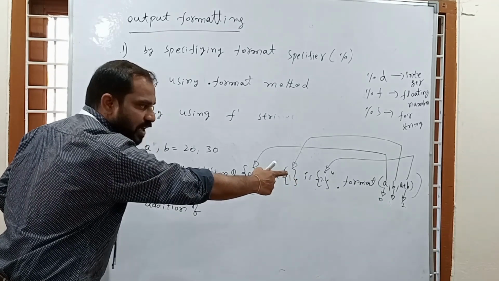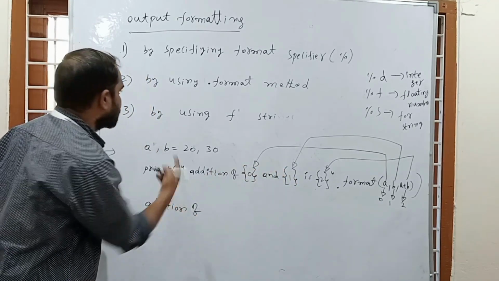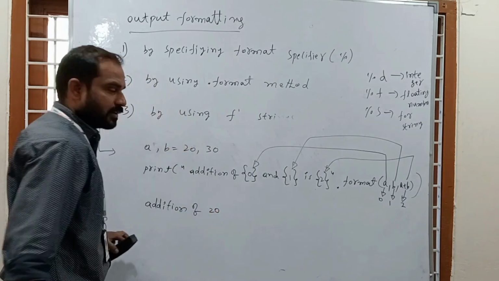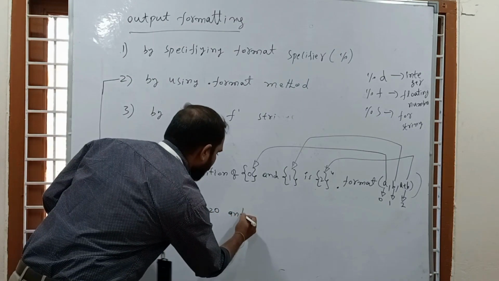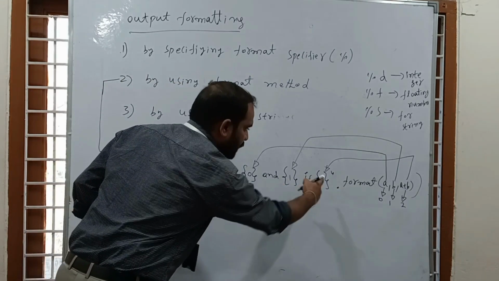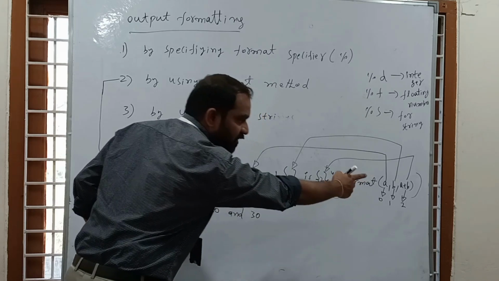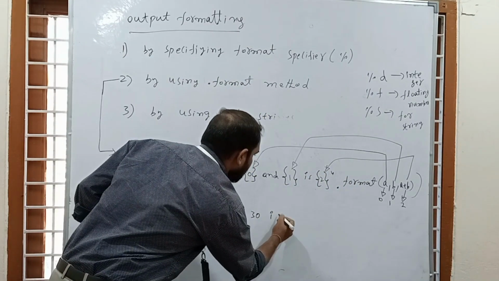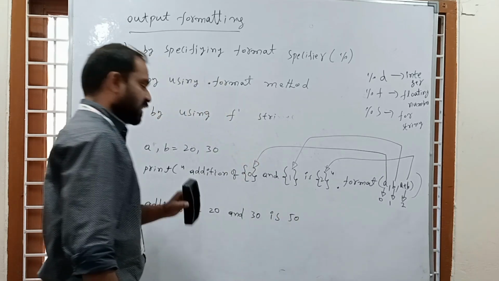At index 0, which value is present? A, right? So what is the value of a that is stored? 20, right? And b index number is 1, so b value is 30, and at the second index, which value is present? A plus b. It will get evaluated, and the result is 50. So this will be displayed on the screen.